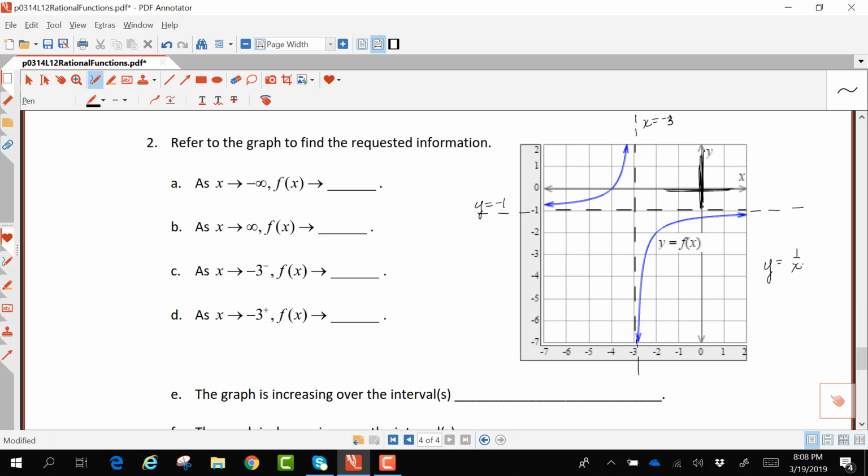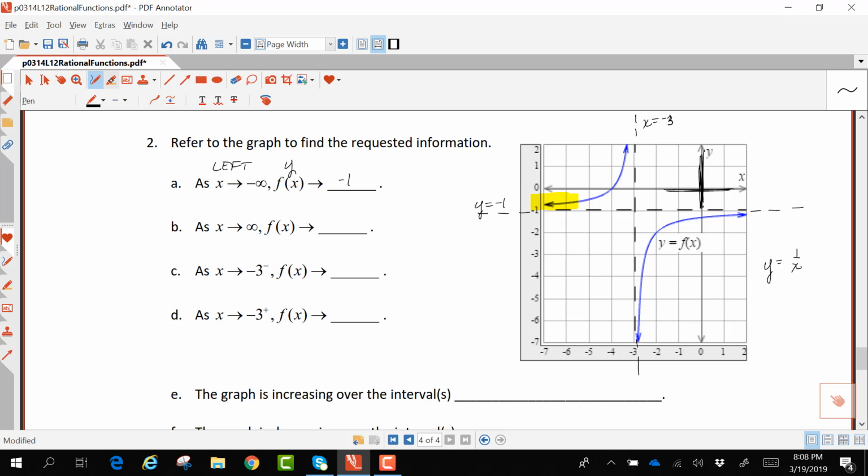Part A says, as x approaches -infinity, which is the left side of the graph, y is approaching something. Well, remember, f of x is the y value. So as we're on the left side, as we're moving left, the y value is approaching the horizontal asymptote of -1.